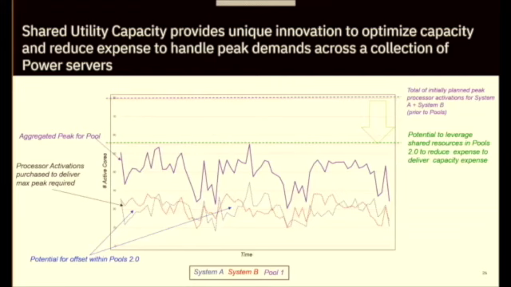There's a couple problems. One is, you can't move fractional cores between systems. So PEP 1.0 can't be perfectly aligned to that peak. So you may have to move that line up a little bit for PEP 1.0. And the other thing is, obviously, you have to make sure that you move resources where they're needed when they're needed.